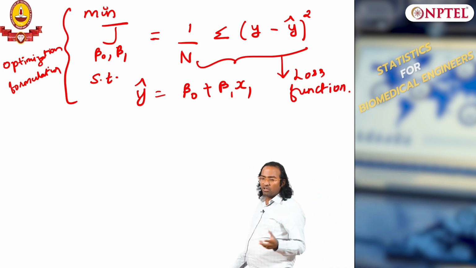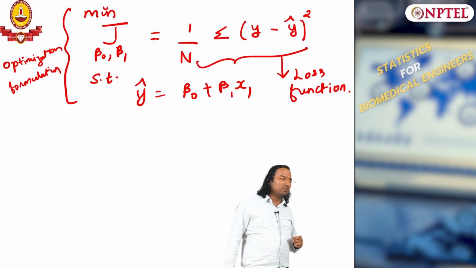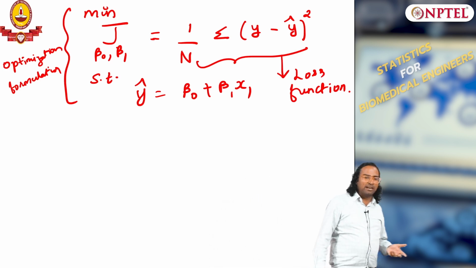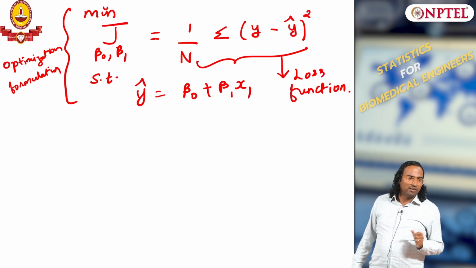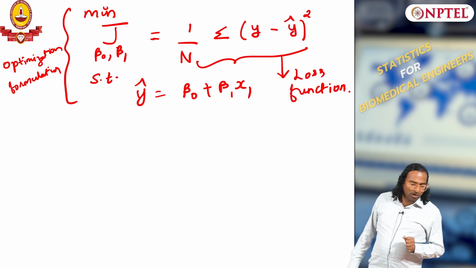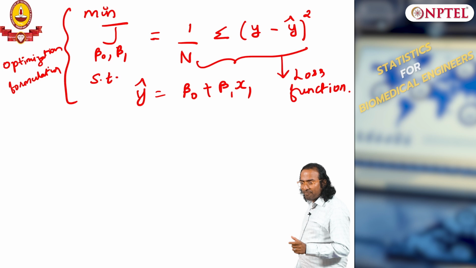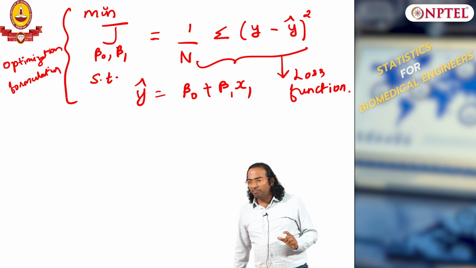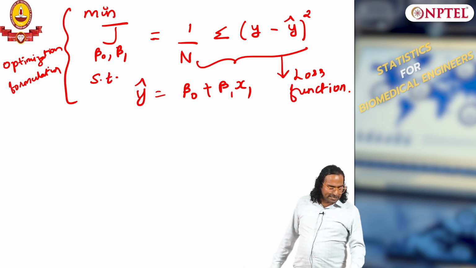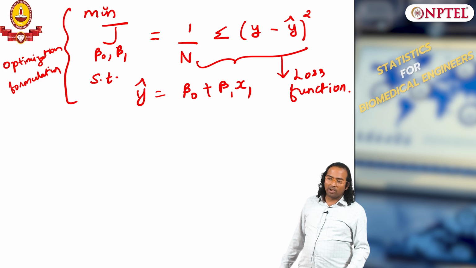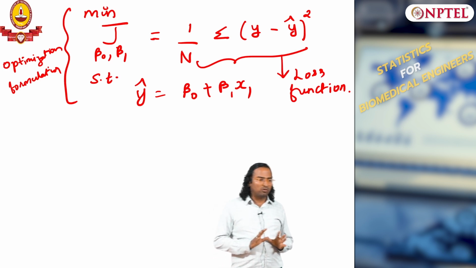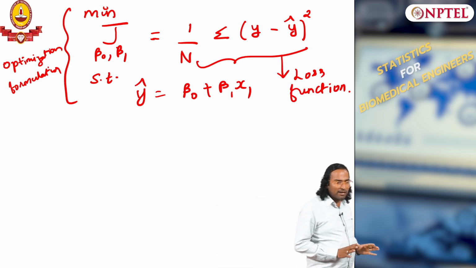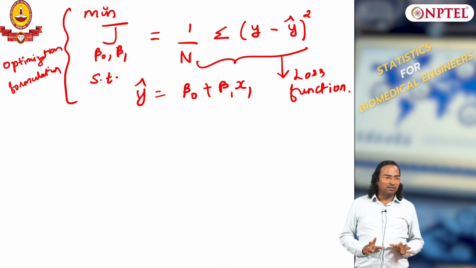This is also called the loss function, sometimes denoted L. In machine learning we call it the loss function, which you want to minimize, and here it is the mean squared error, by varying the parameters beta naught and beta 1, such that y hat is equal to beta naught plus beta 1 x1. This is what I want to do. Clear? Simple?